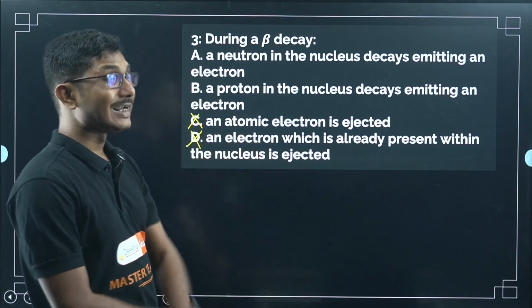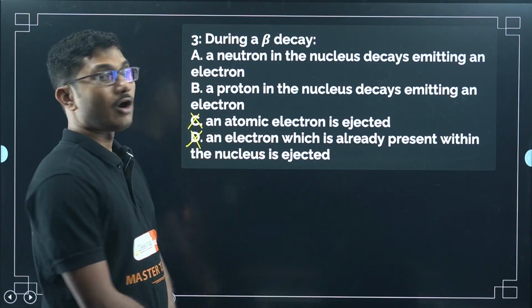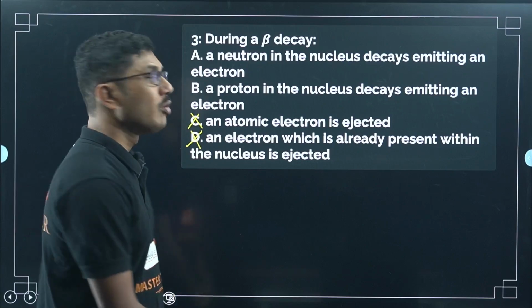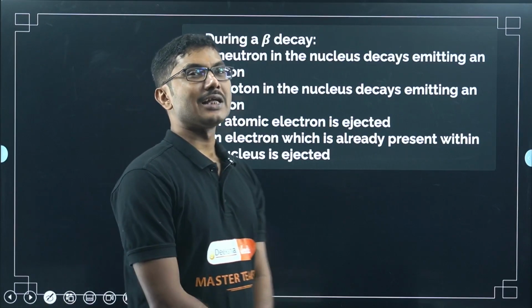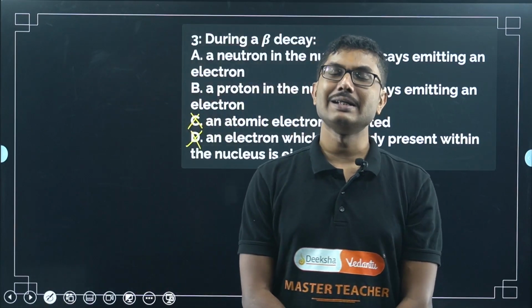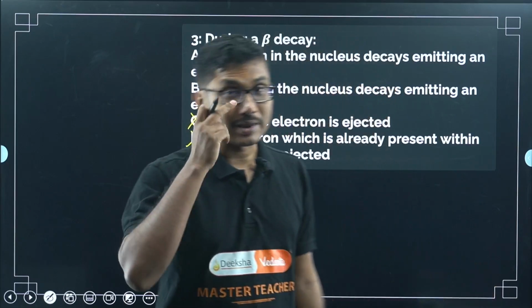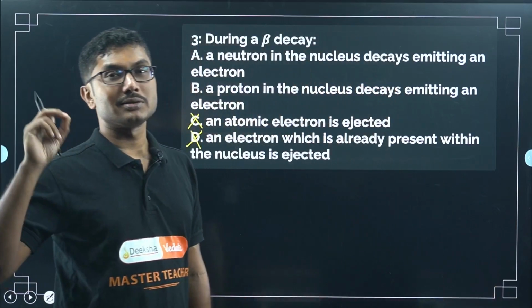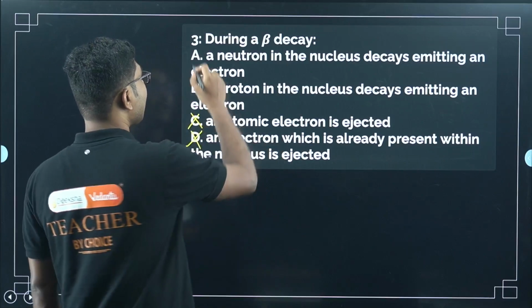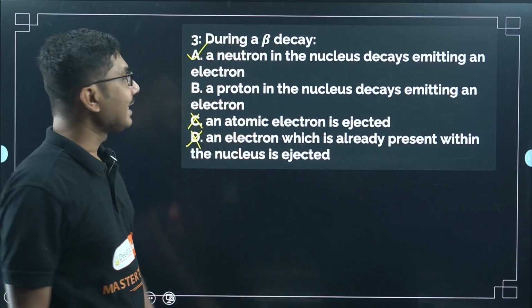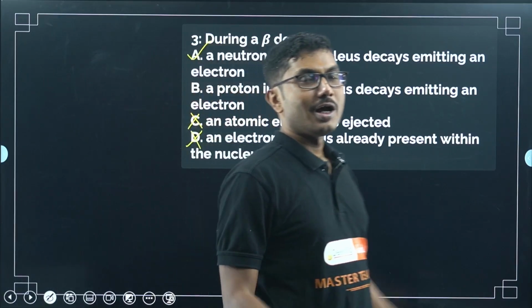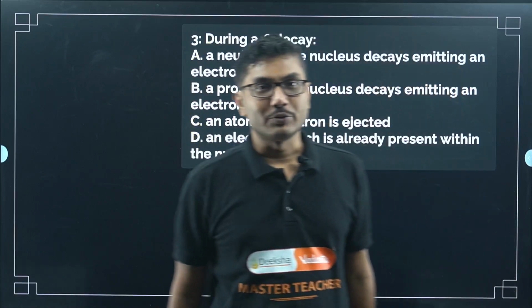The only possibility is either a neutron is decaying or a proton is decaying. Now as we know, a proton is stable and generally does not decay in normal circumstances. It decays when you are bombarding it with something. Normally a proton does not decay on its own, so the only thing is a neutron can decay and it can emit an electron, that is called the beta particle, right?